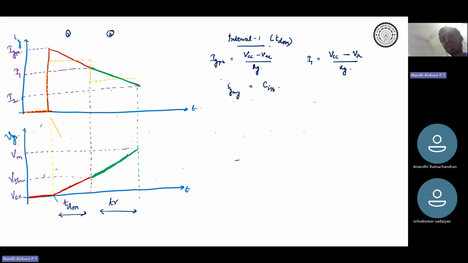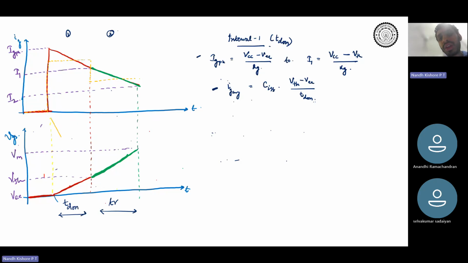C dV by dt, CISS, into the voltage changes from VEE to V threshold linearly. So VEE to V threshold is basically V threshold minus VEE divided by the time, which is TD on, right? So these are the governing equations. So this is a single value of current, right? That is IG average is a single value of current, but the gate current actually changes from IG peak to I1.